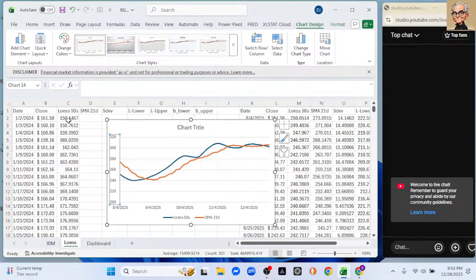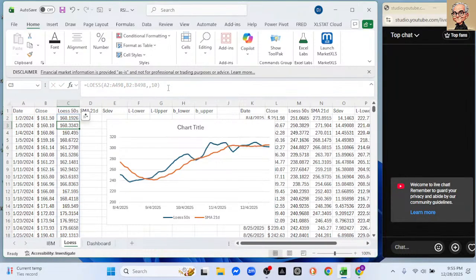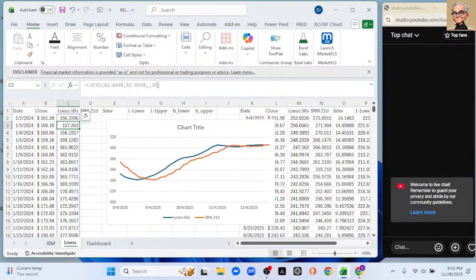Okay, this is 20. Suppose we do something like 10. Oh, we're moving in the wrong direction, aren't we? Let's try 30. It works nice here, doesn't it?